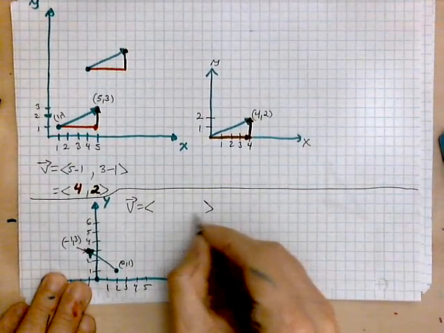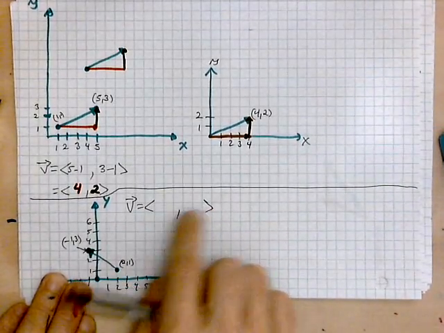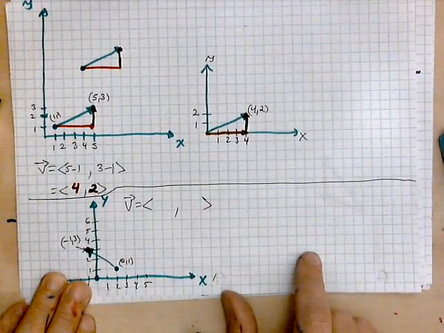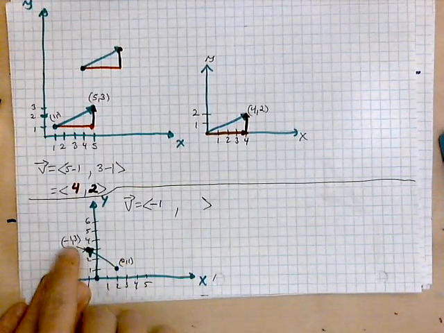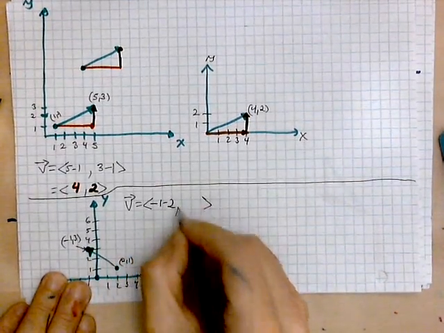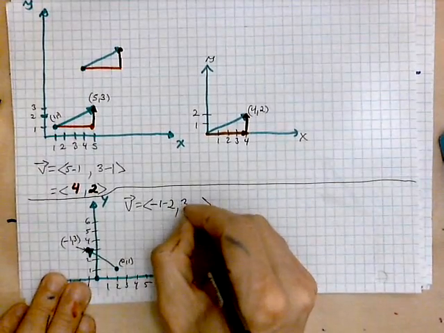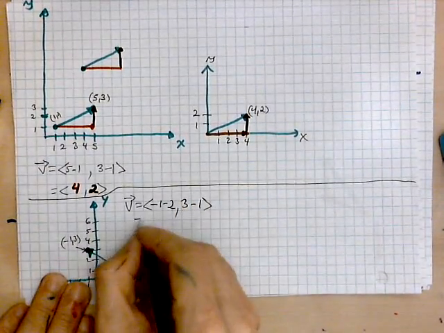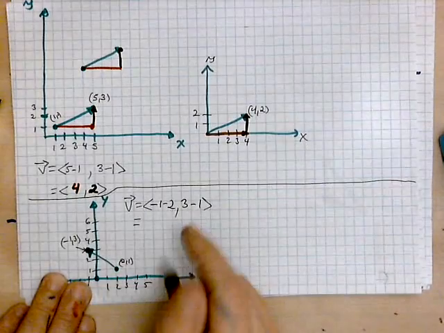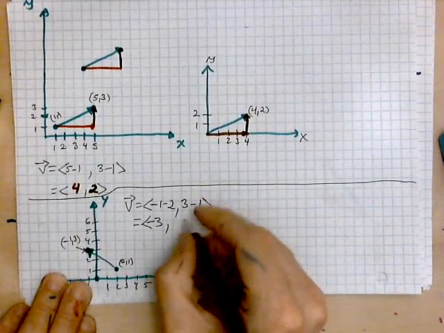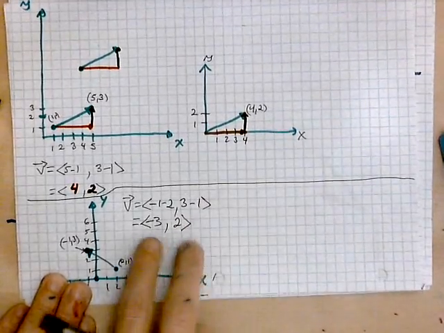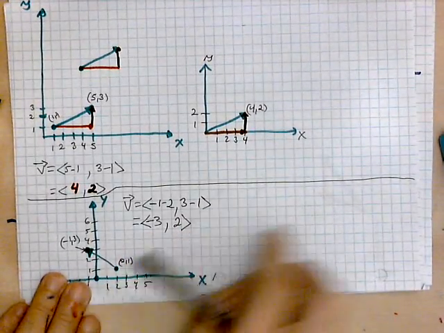You take the difference of the x's and the difference of the y's, and those become the components of the vector. So we have -1 - 2, and then 3 - 1. So let's simplify. -1 - 2 is -3, and 3 - 1 is 2. So these are the components of our vector.